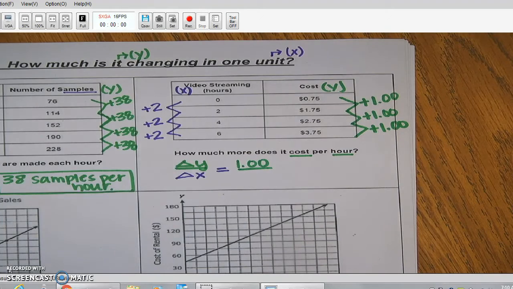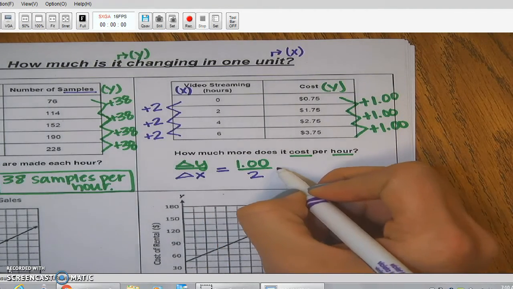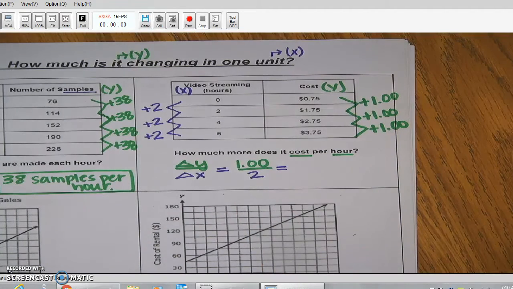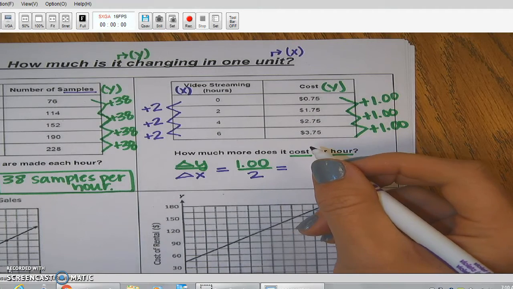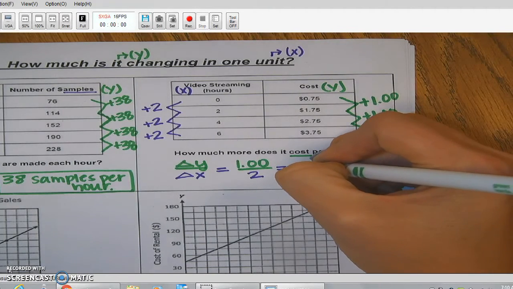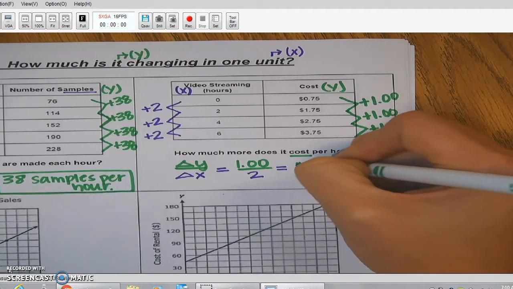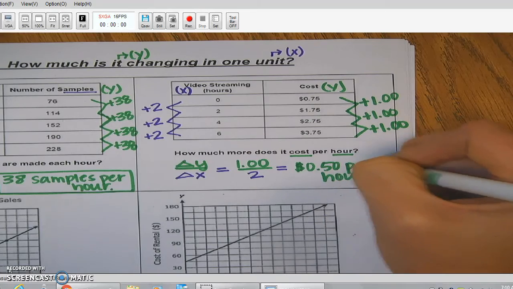My change in my x values every time was 2 hours, so that goes on bottom. And then I can simplify that. $1 divided by 2 is going to give me 50 cents. So I know the cost per hour is 50 cents per hour. And that is my rate of change.